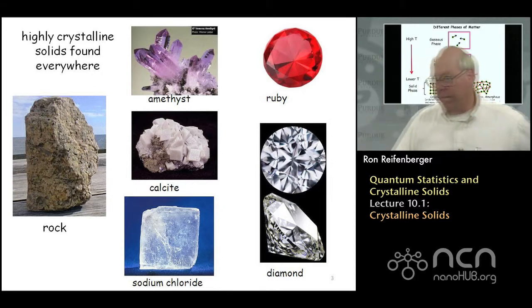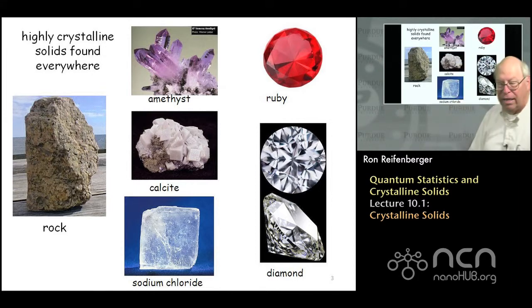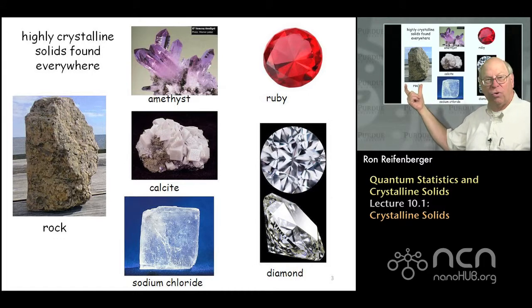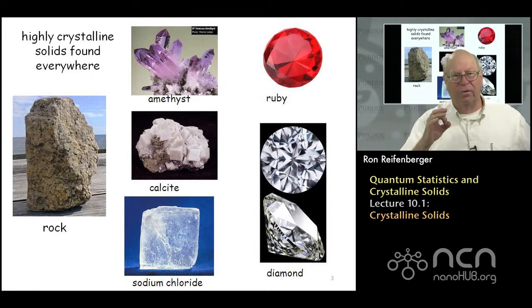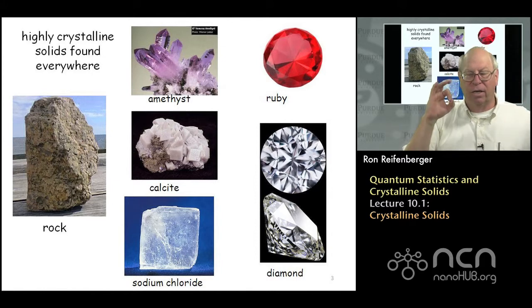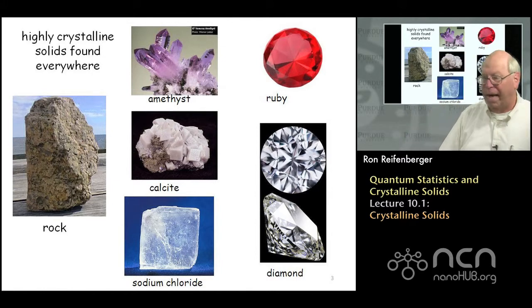So I think the point to make is that these crystalline solids are found everywhere. You can find an individual rock anywhere on the planet Earth. And more often than not, if you look very carefully at the microstructure of this rock, you'll find that it's comprised of small, tiny grains that have all crystallized in this crystalline state of matter.